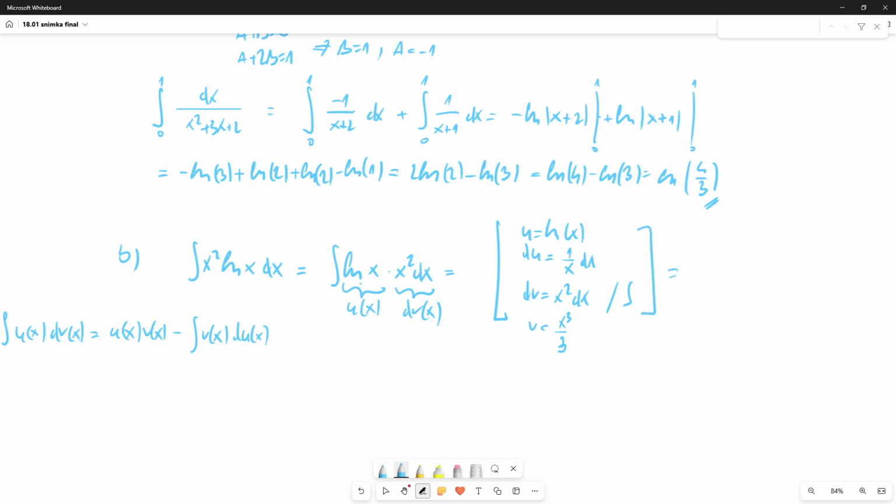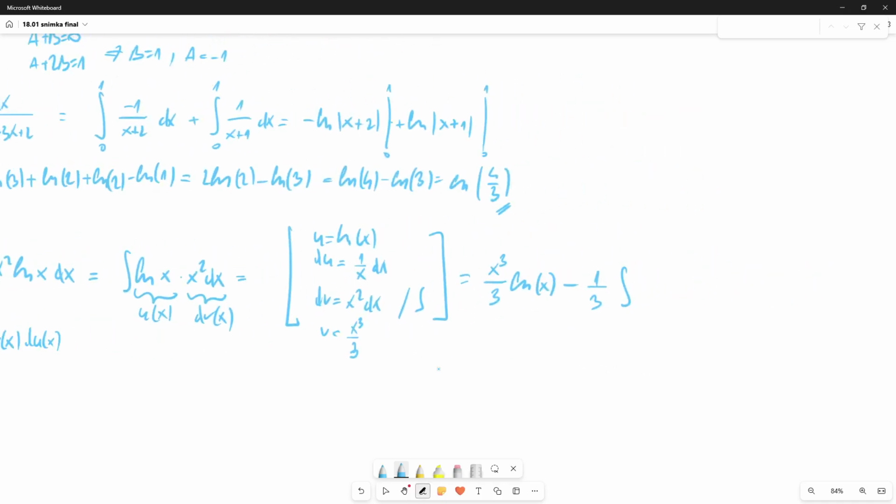So we multiply u times v, and we get x to the power of 3 over 3 times ln of x, and now we have minus the integral of v times du. This 1 over 3 can be extracted, and we have the integral of x to the power of 3 over x, which is x to the power of 2, dx.